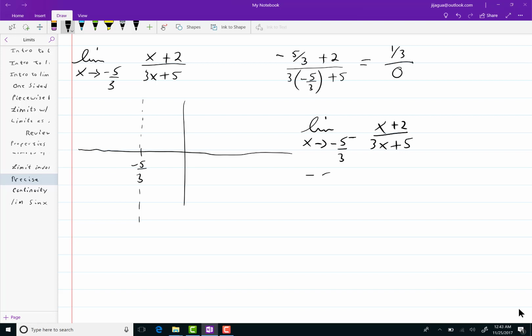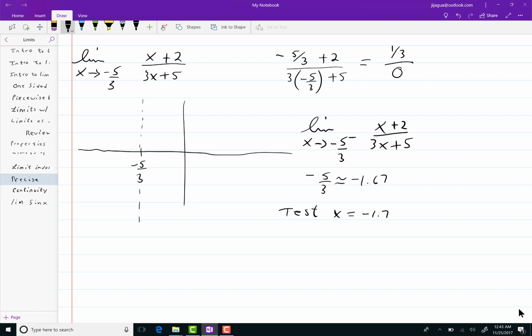Negative 5/3 is roughly equal to negative 1.67. So I'm going to test x equals negative 1.7. That's close to it, and it's less than it.